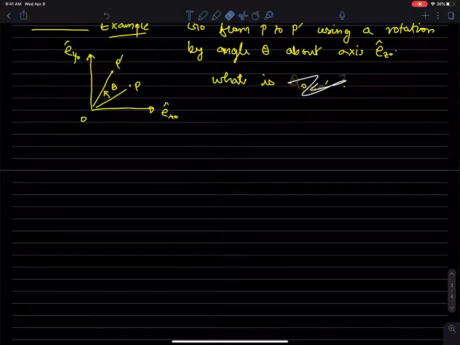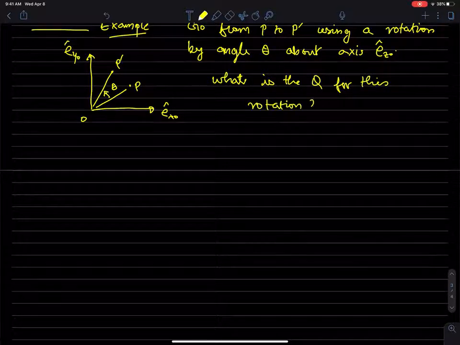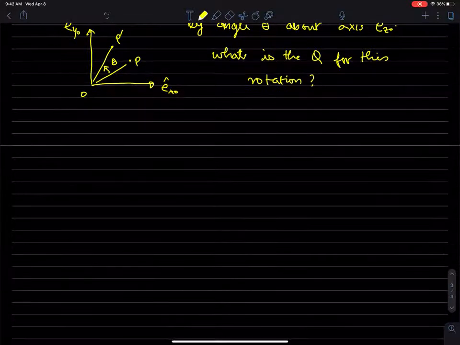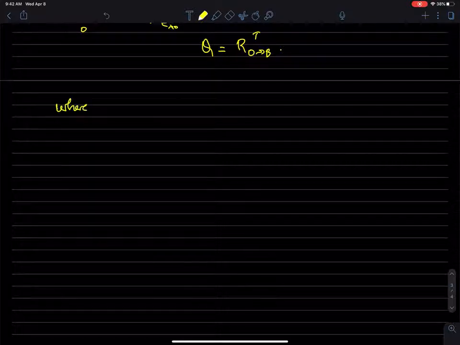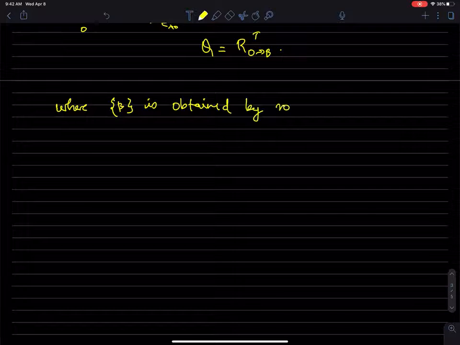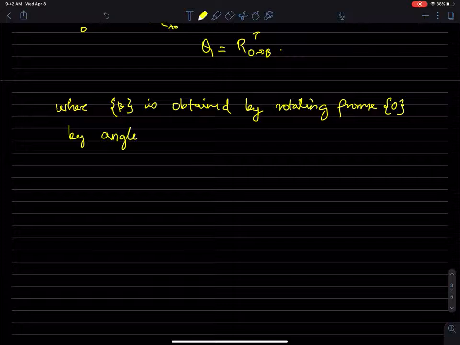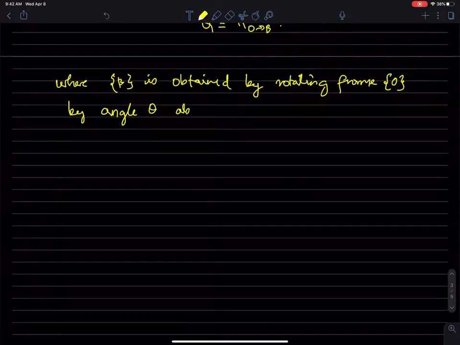What is the Q for this rotation? For this rotation, the idea is that Q is basically R0 to B transpose, where B is obtained by rotating frame 0 by angle theta about EZ naught.